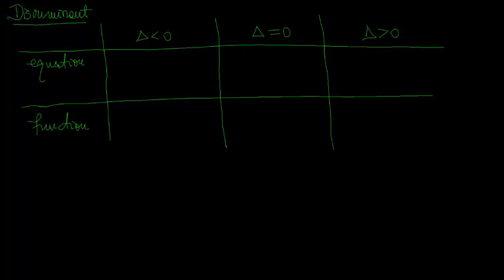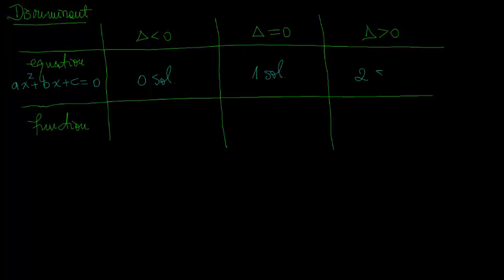So in the case of quadratic equations, namely the equations of the form ax squared plus bx plus c equals to 0, we saw that the discriminant delta, if it was negative, then I had 0 solutions. A discriminant equal to 0 told me that that plus or minus variation did not play a role, so I had exactly one solution.